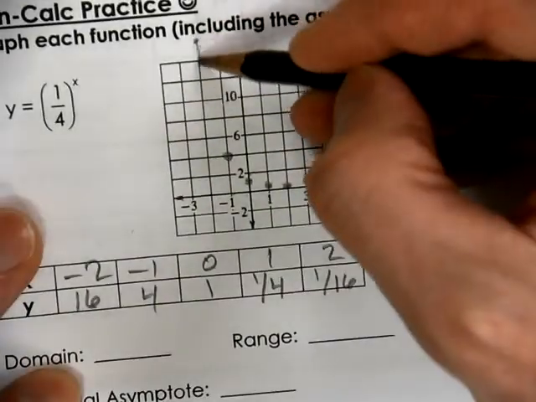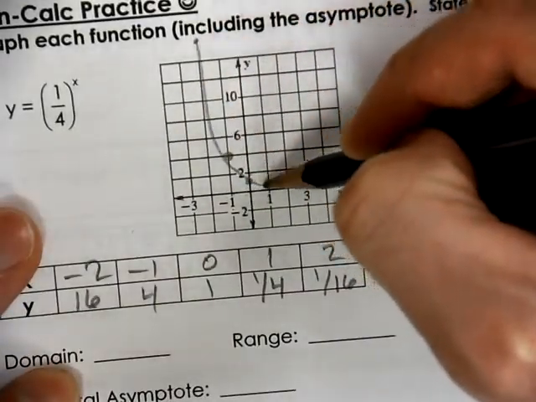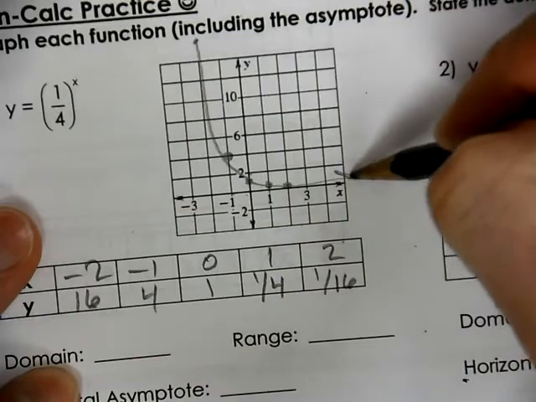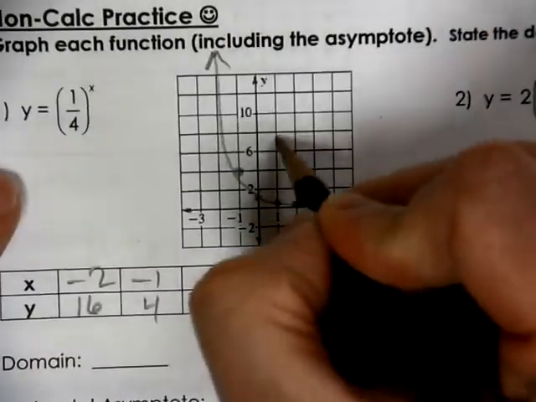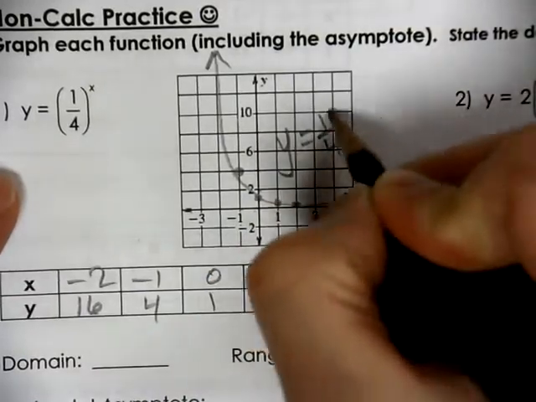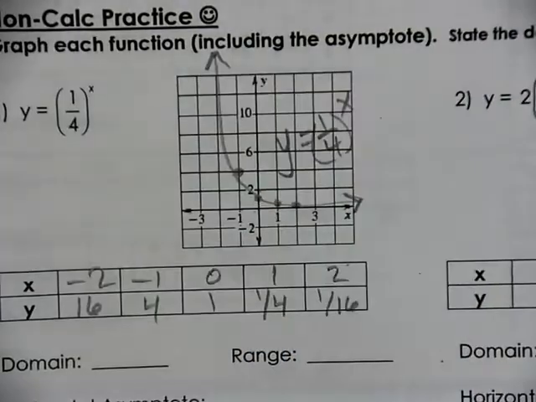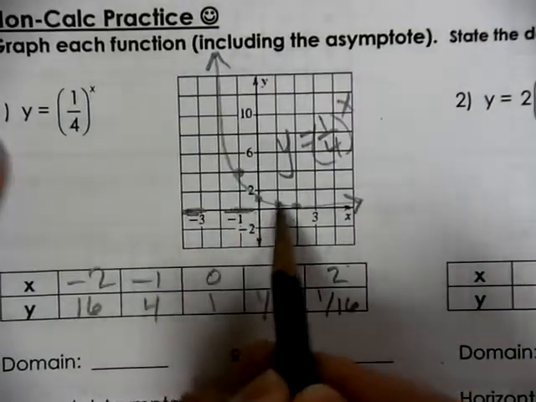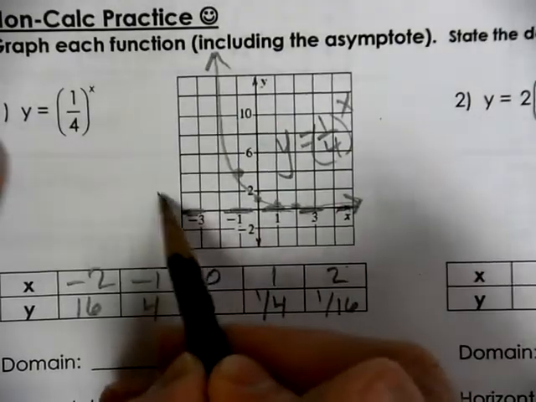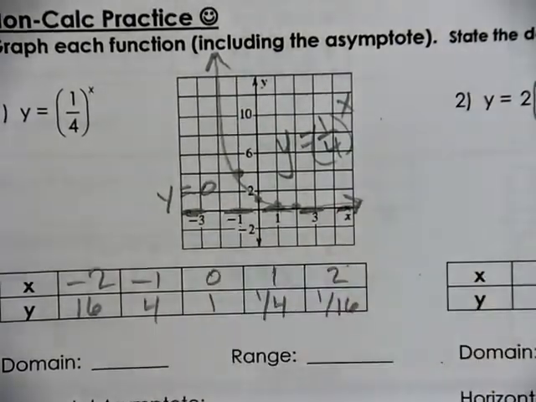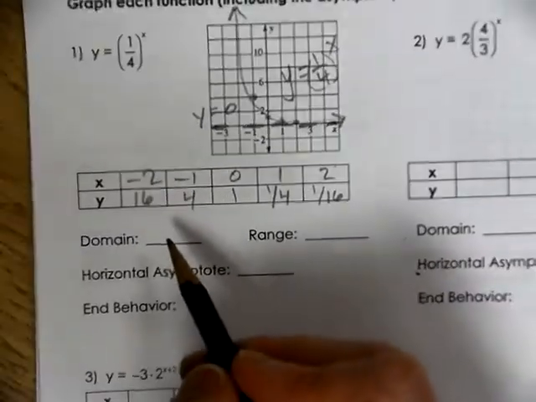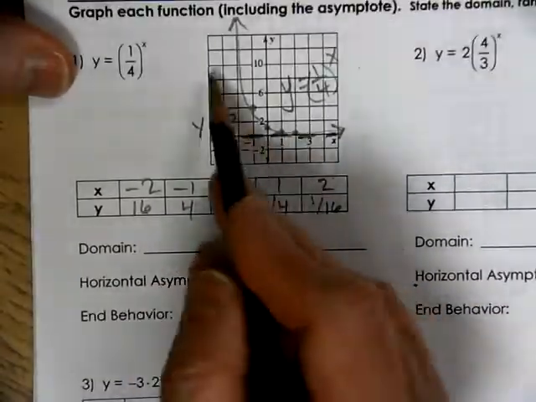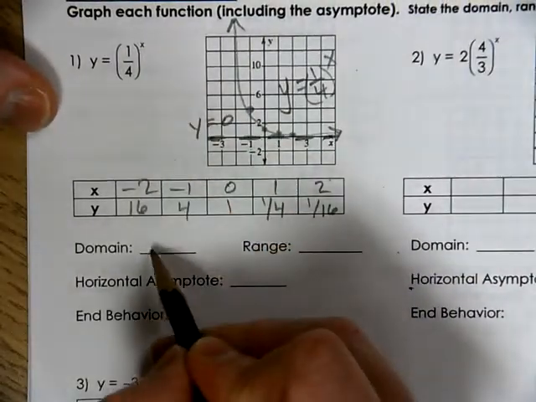So now we can draw in our graph. We can label our graph 1/4 to the x power. We can draw in our asymptote, which is y equals 0. So our domain for our graph, what values of x can you plug into your equation?